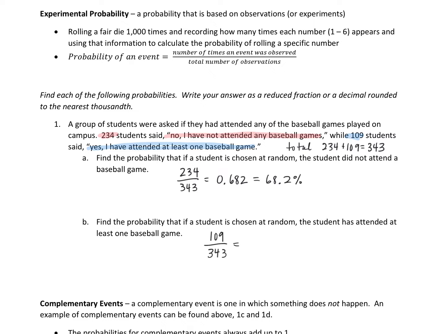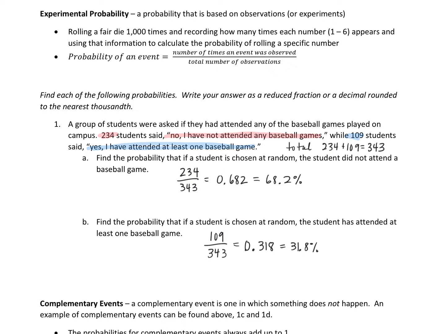And so we would do that division, 109 divided by 343, and we would get 0.318. So that's approximately 31.8%. Okay, notice that if we add 0.682 plus 0.318, we get exactly 1.